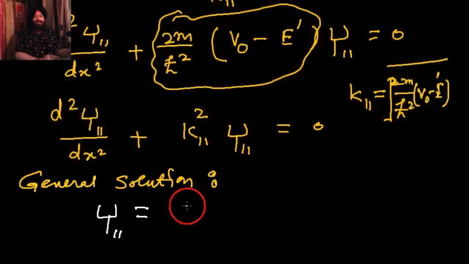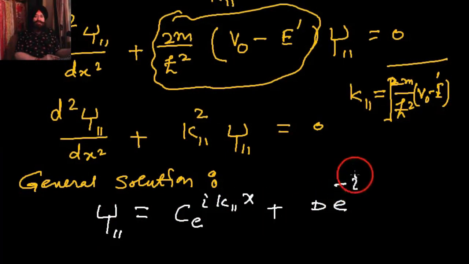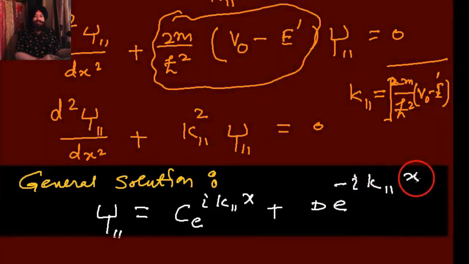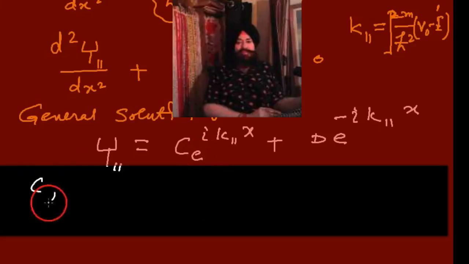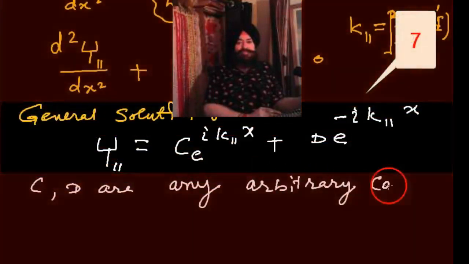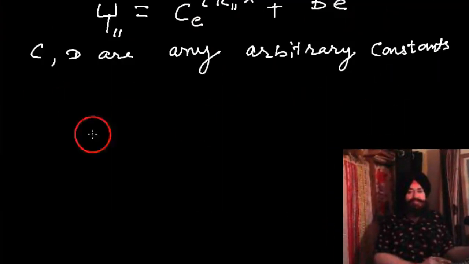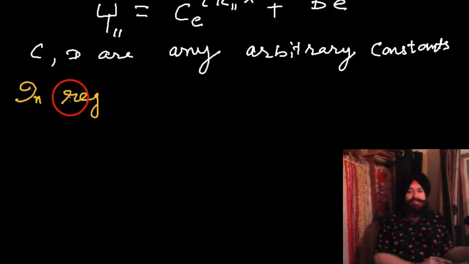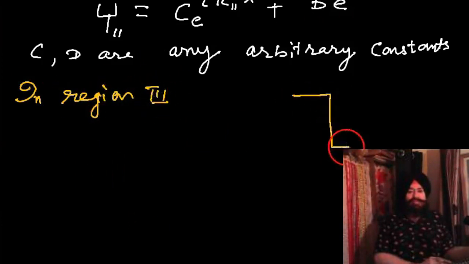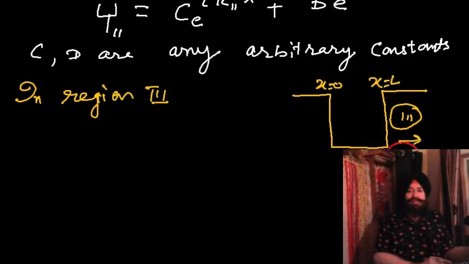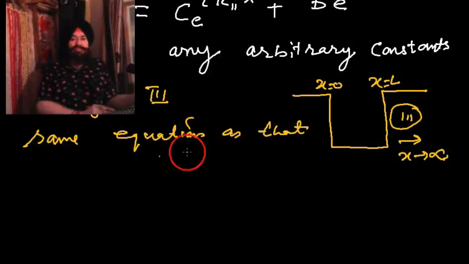Now the general solution of this equation, psi 2, has two arbitrary constants C and D. Now coming to region number 3.